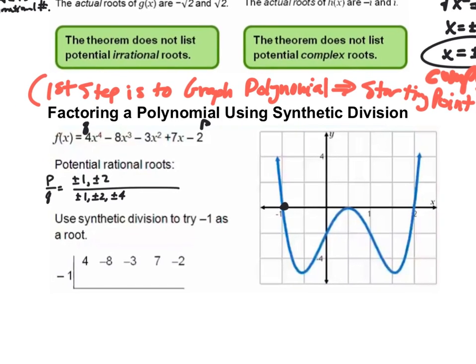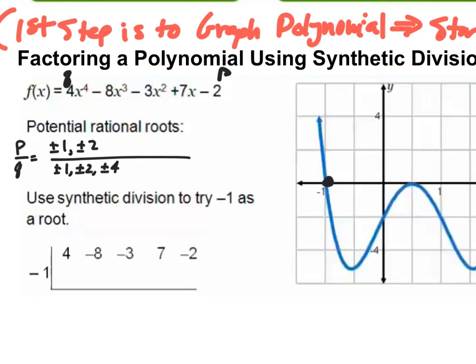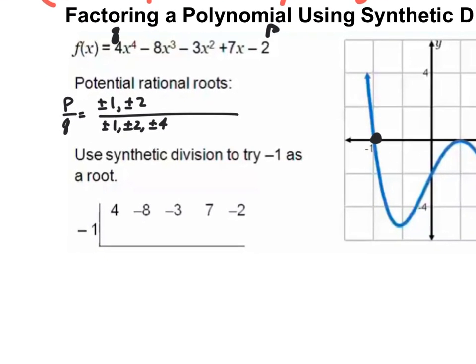All right, so let's just use synthetic division and try -1 as a root. I'm going to drop down my 4. We've put all the coefficients here. I take -1 times 4, and that gives me -4. If I add those together, that's going to give me -12.